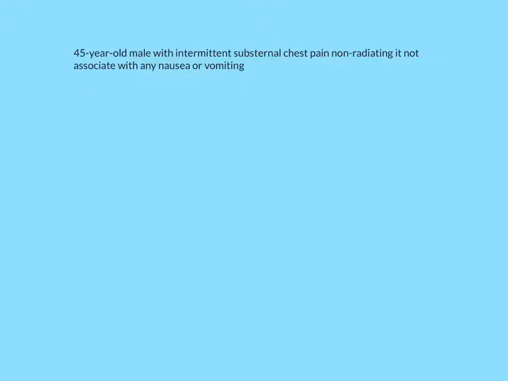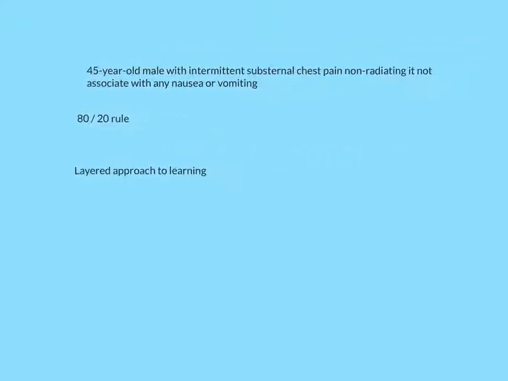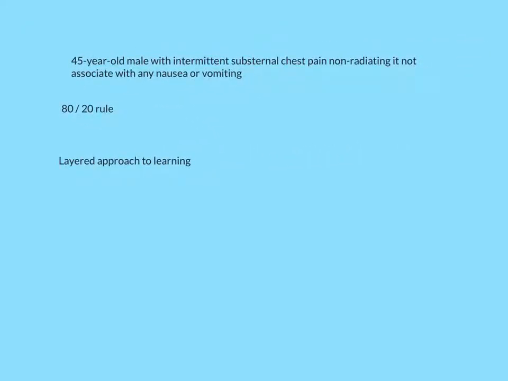The idea behind this is that we are going to use the 80-20 rule, as always, in a layered approach to learning. The 80-20 rule says that 80% of the very clinically relevant presentations will fall under 20% of the knowledge. So if you know that 20% really well, you'll be able to take outstanding care of 80% of your patients.